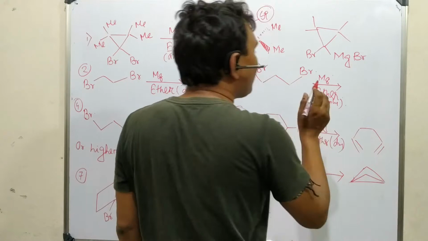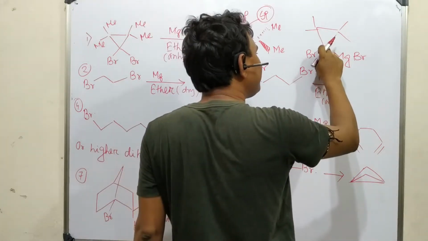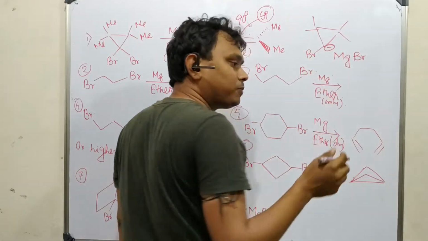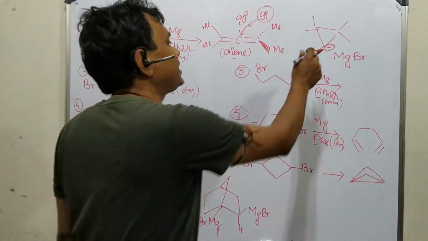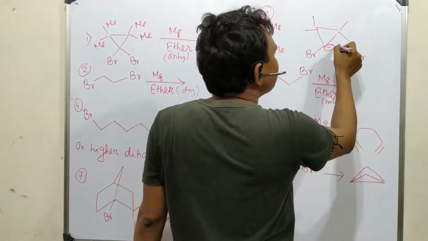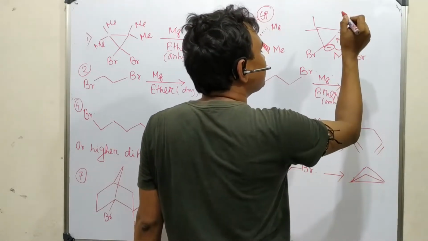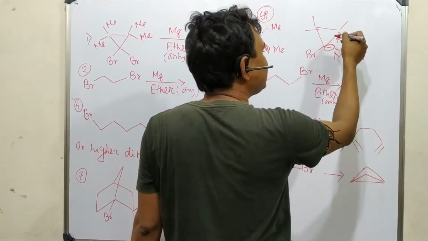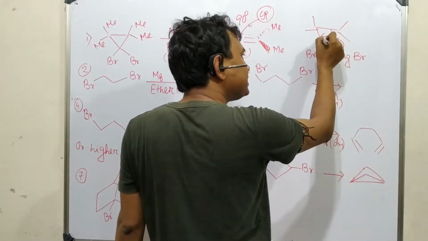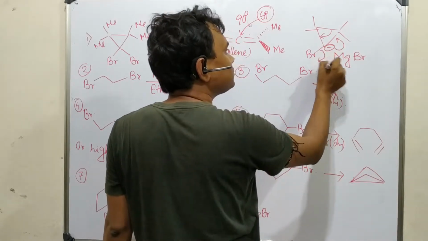Now as we know, Grignard has a sufficient negative charge, with bond polarity around 34%. So this negative charge will push here, this bond will break and come here, and the bromide will leave.